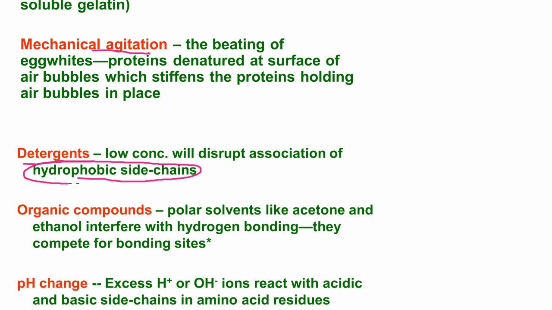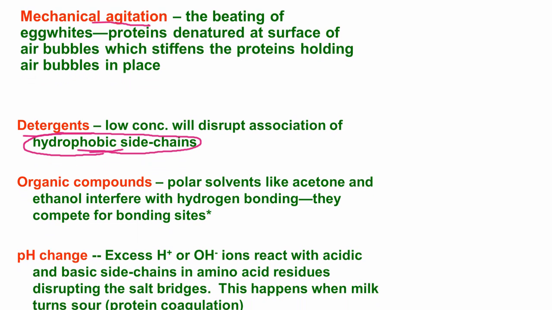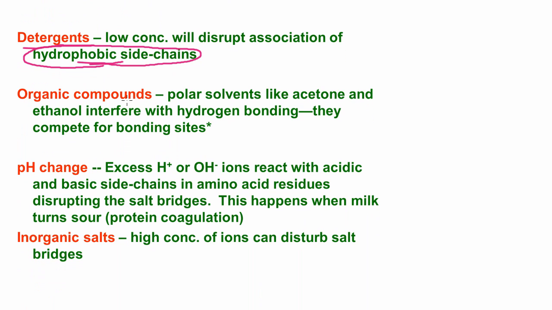Remember, we use soaps to dissolve grease, which is hydrophobic. We have those hydrophobic side chains, and those pockets that are made in the protein because of the interaction between the hydrophobic side chains. Put a little bit of detergent in there, that's going to disrupt that, and therefore the protein starts to unfold.